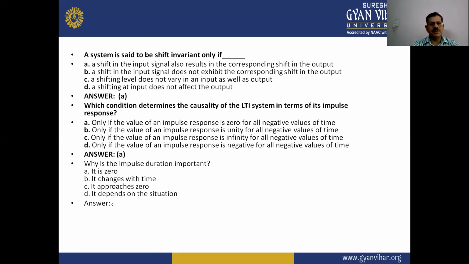Option D, a shifting at input does not affect the output. So the correct answer is option A, where a system is said to be shift invariant only if a shift in the input signal also results in the corresponding shift in the output.